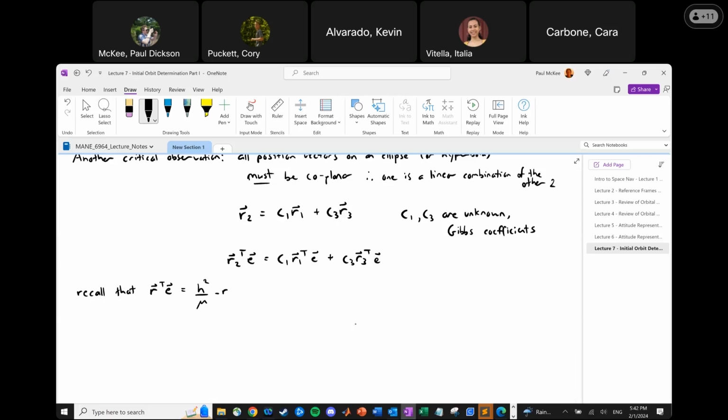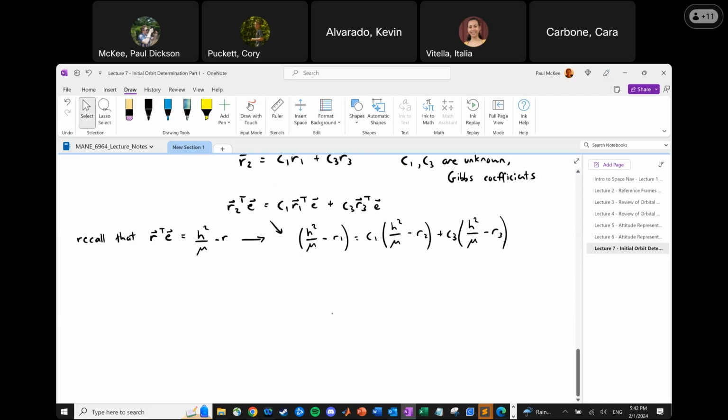We're going to combine this equation and this equation to say, okay, H squared over mu minus R1 is equal to C1 times H squared over mu minus R2 plus C3 times H squared over mu minus R3. Hopefully that makes sense.